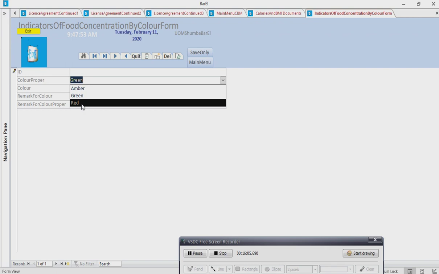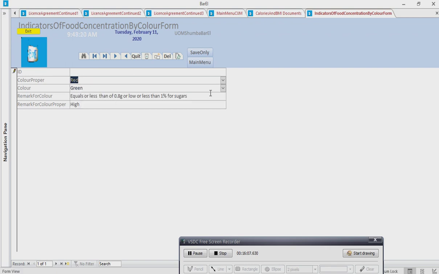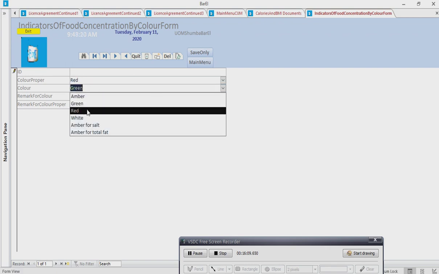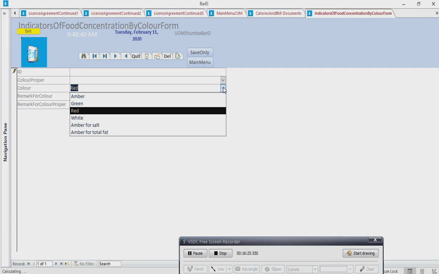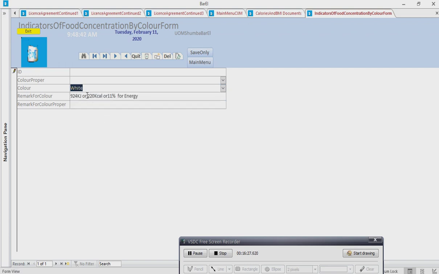If it is red, it means the concentration is high, more than 5.9, or more than 30% for saturated sugars. If it's white, it's 924 kg or 220.